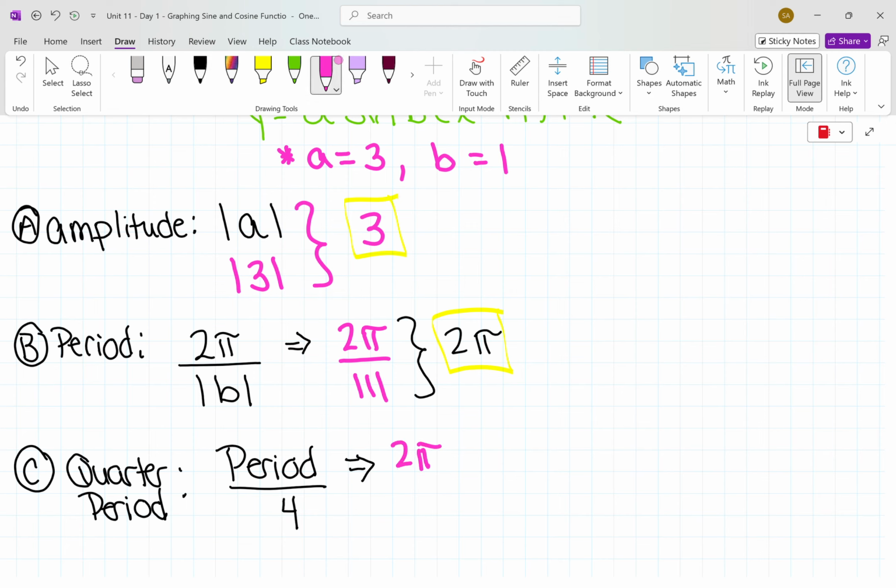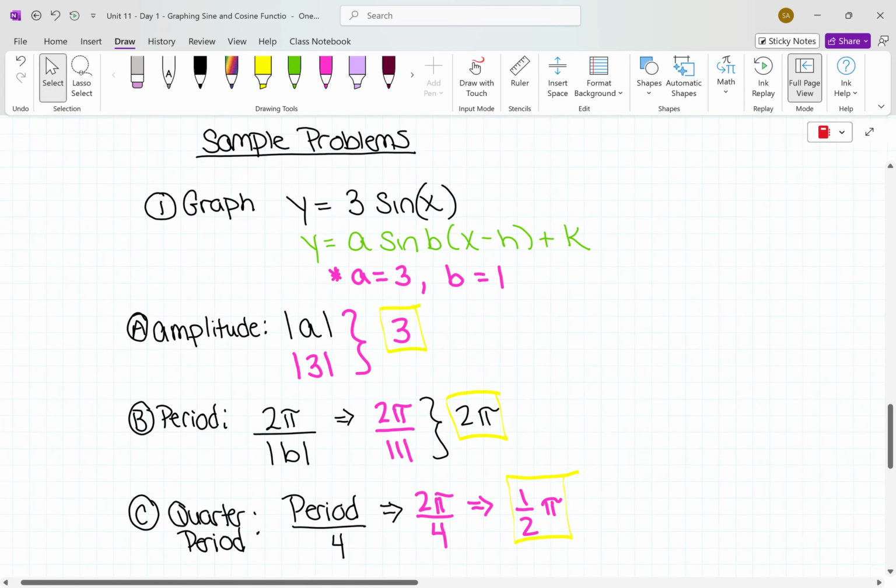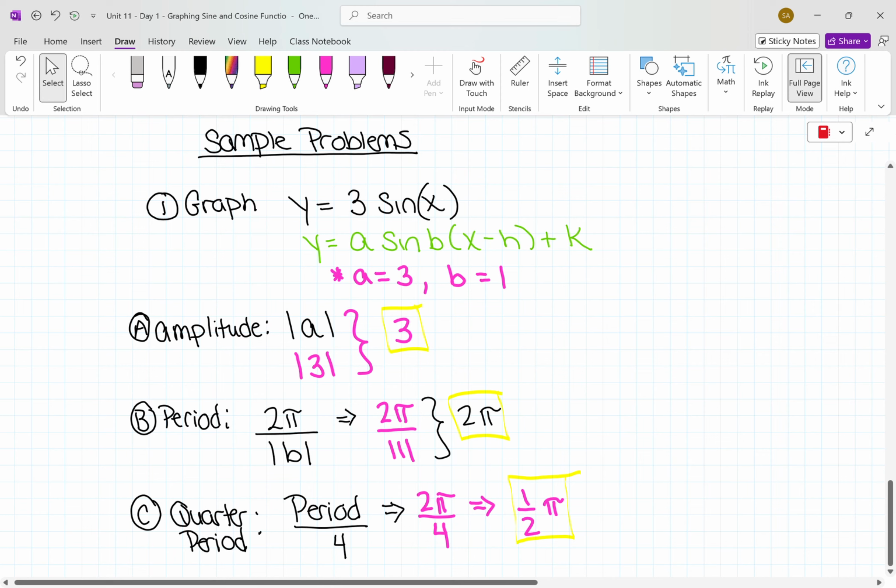So we are 2 pi divided by 4, which is a half pi. Would pi over 2 also work? Yep, pi over 2 works too. Half pi, pi over 2, same thing.